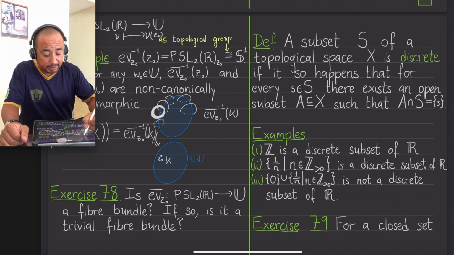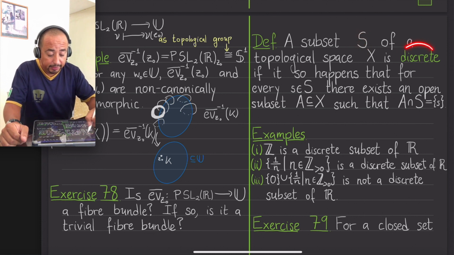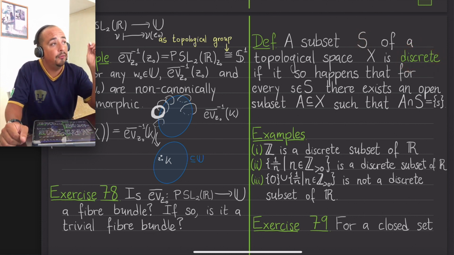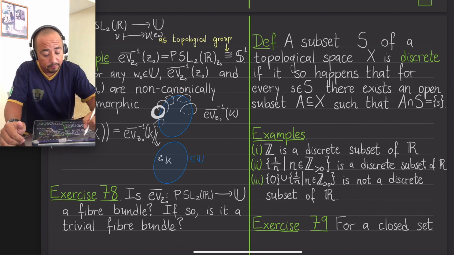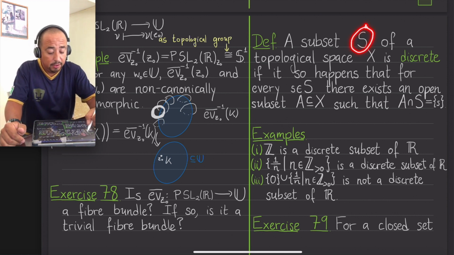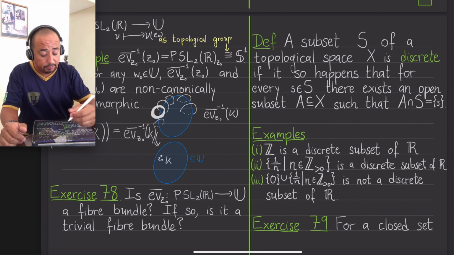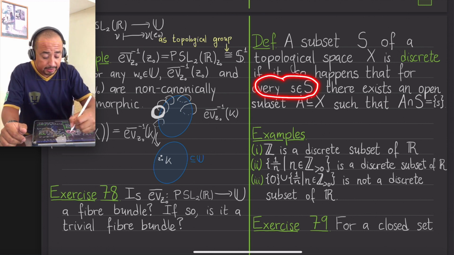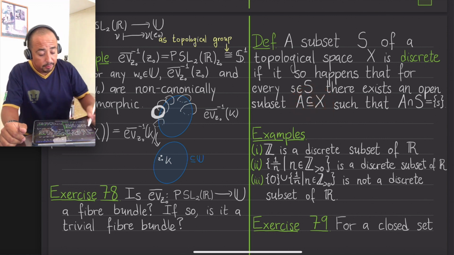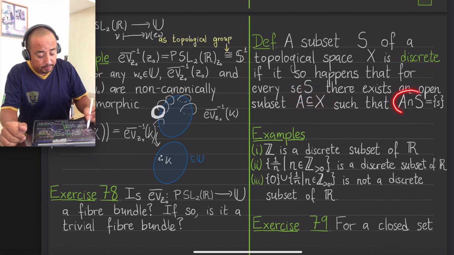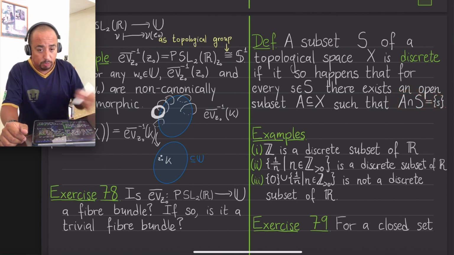Well, a subset S of a topological space is discrete if, when I give it the subspace topology, that topology is the discrete topology.